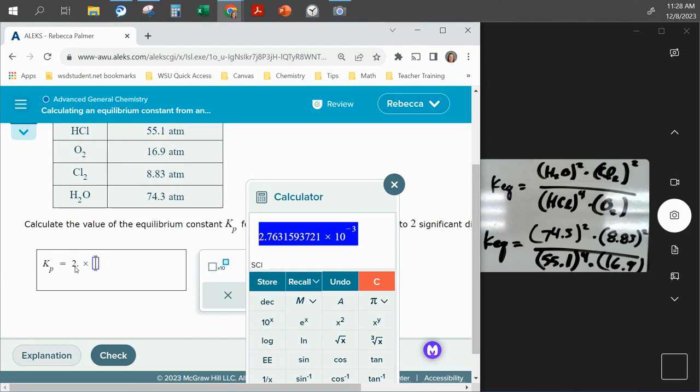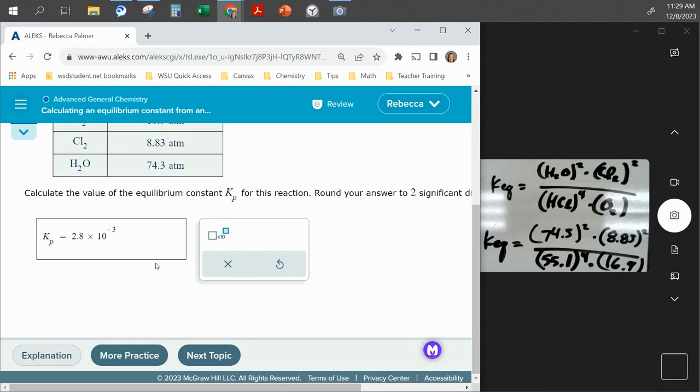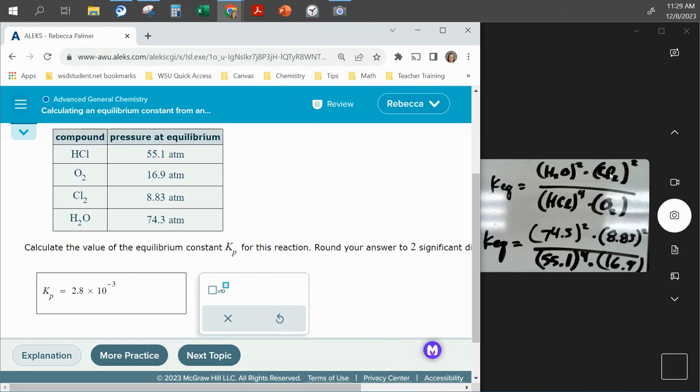I forgot. Oh, it's 9. Times 10 to the minus 3. Okay. We got that one? Okay, so that's pretty easy. We already learned this, and you just plug the numbers in.